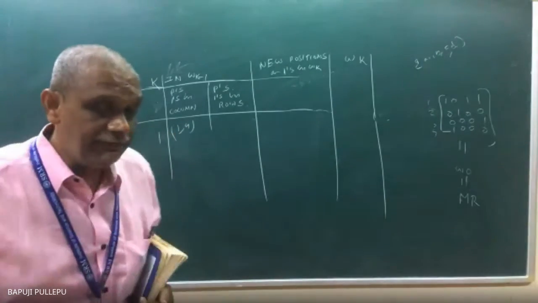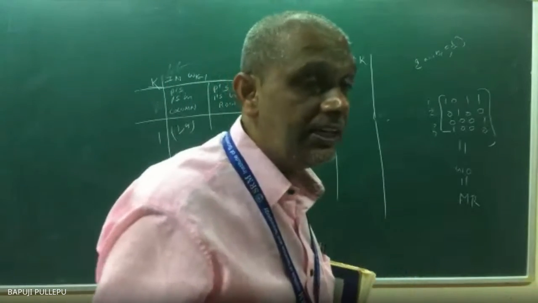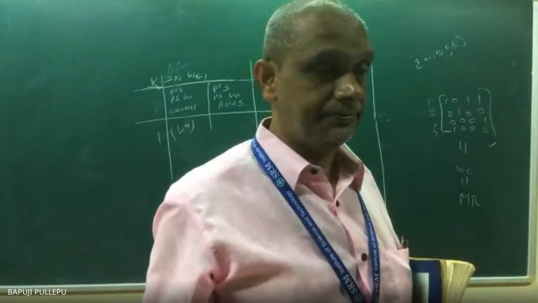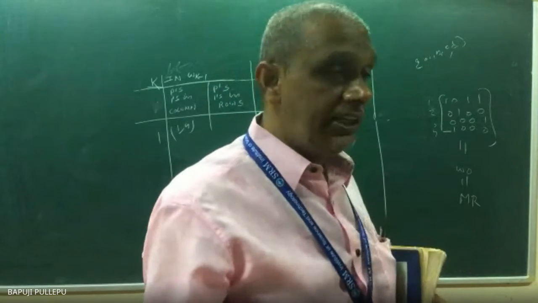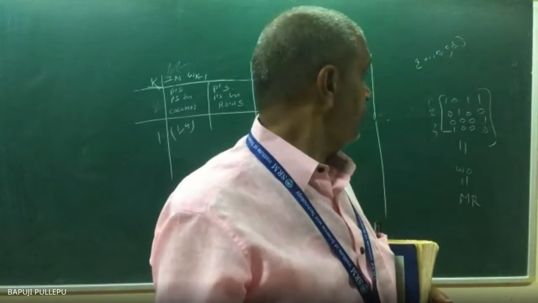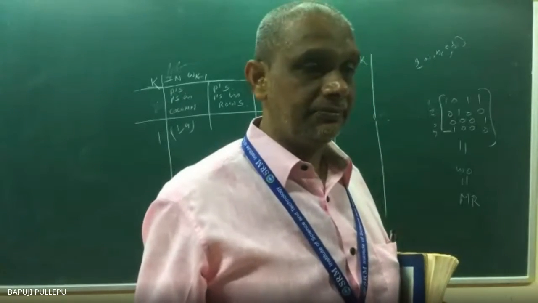This 1, 2, 3, 4, don't confuse. What I am telling is, suppose it is A, B, C, D, then you write A, comma, D. Reaching or not? Yes, sir. Suppose if it is 10, 20, 30, 40, at 10, 40 you can write.